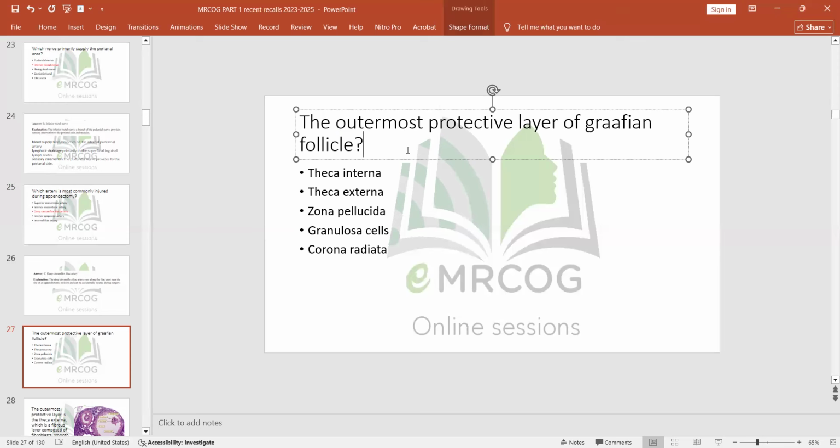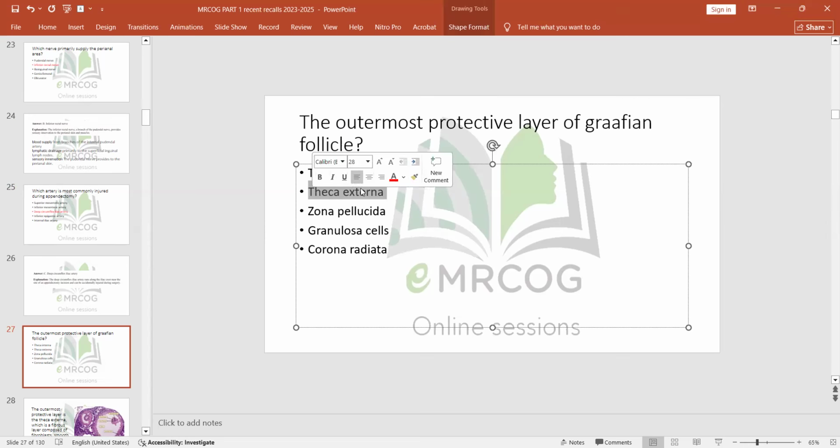I'm really not sure. Did they mean the theca externa or the outermost protective layer of the ova in the Graafian follicle? I have no idea. This one is really silly. Yeah, sure. This is by far the outermost protective layer.